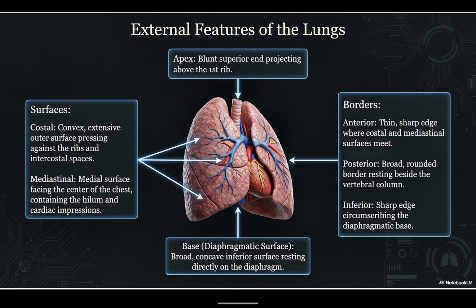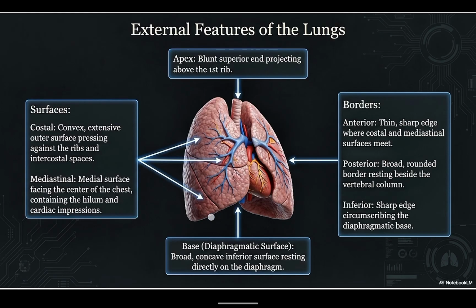The mediastinum is like a space which contains the heart. So the surface of the lung facing the heart is called the mediastinal surface, and it makes a cardiac impression on both the left side and the right side of the lungs. And remember, the left lung has a cardiac notch.